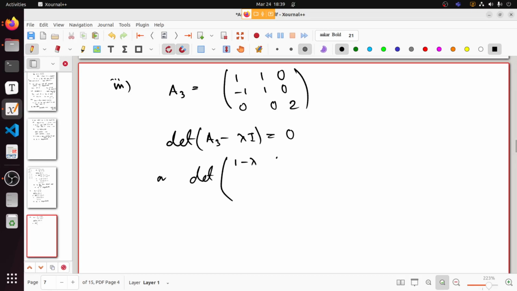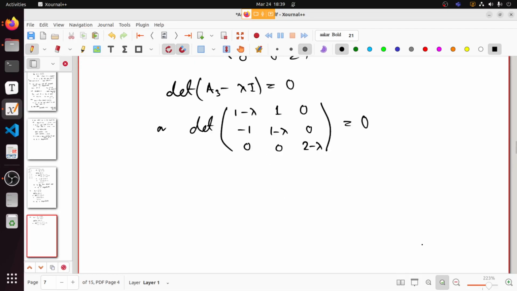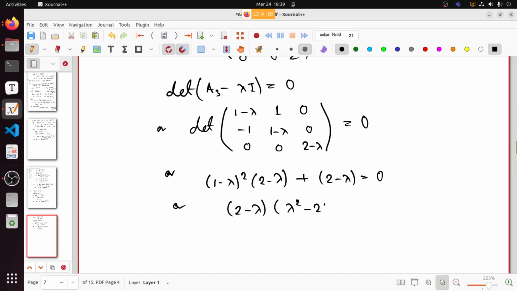So it will be the determinant of 1 minus lambda 1 0, minus 1 1 minus lambda 0, 0 0 2 minus lambda, which is 0. If you compute this determinant, you will get (1 minus lambda) squared (2 minus lambda) plus (2 minus lambda) equals 0. If you simplify this, you get (2 minus lambda)(lambda squared minus 2 lambda plus 2).